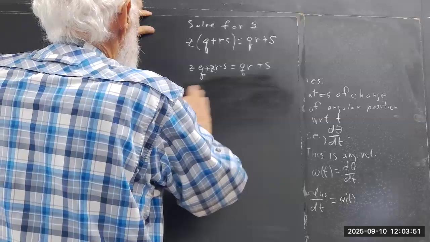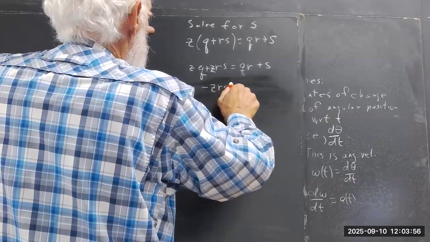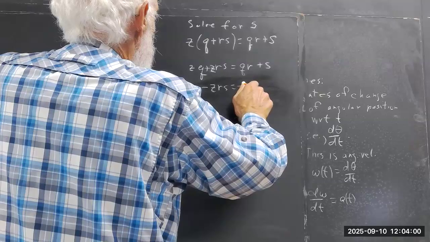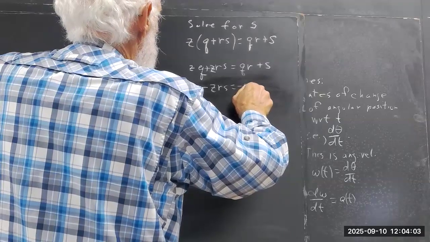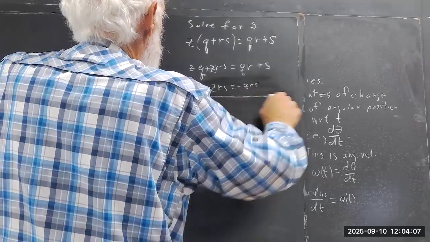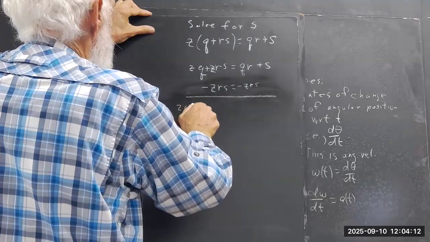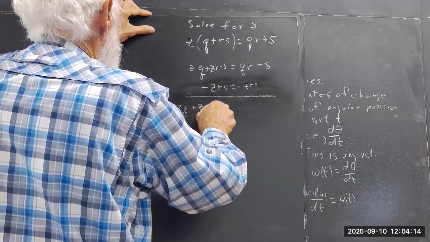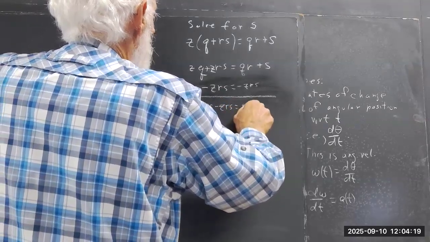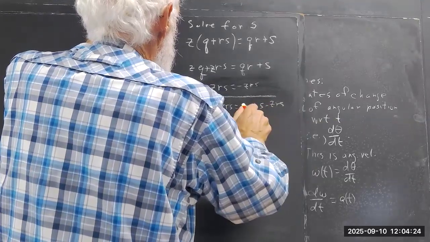So now we subtract ZRS from both sides by adding the equation negative ZRS equals negative ZRS. And this is then going to give us ZQ plus ZRS minus ZRS equals QR plus S minus ZRS.